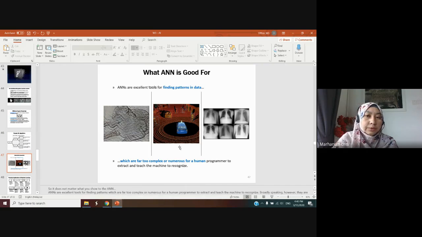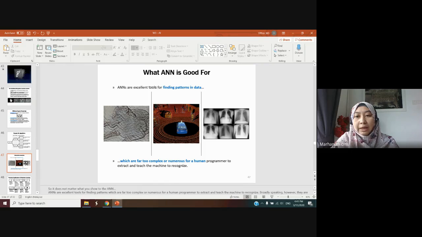What is artificial neural network good for? Excellent tool for finding patterns in data. Patterns which are too complex or numerous for a human programmer to extract and teach the machine to recognize, like the data of heartbeats. This one maybe how to detect heavy smoker, because we see the lung here, heavy smoker, a non-heavy smoker, to categorize or to analyze what level of maybe lung cancer levels based on the X-ray data here.